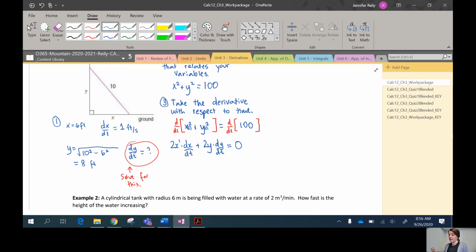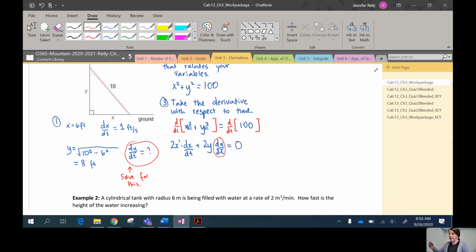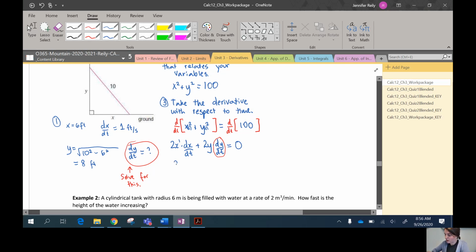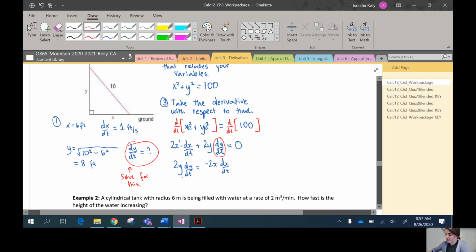Then we need to solve, just using algebra, for the quantity that we want. We want to find dy/dt, so we're going to isolate that. We move the 2x dx/dt term to the other side of the equation, so I'll get 2y dy/dt equals negative 2x dx/dt. To isolate dy/dt, I'm going to divide both sides by 2y.